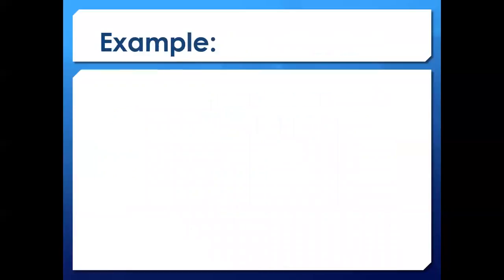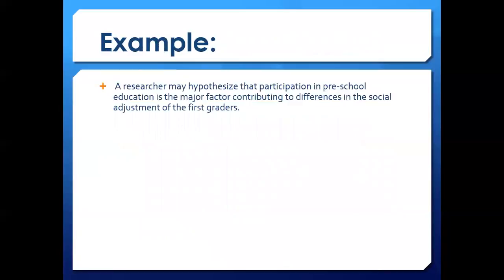Let's look at an example. This is how a researcher would go through the process of a causal comparative study. A researcher may hypothesize that participation in a preschool education is the major factor contributing to differences in the social adjustment of the first graders.